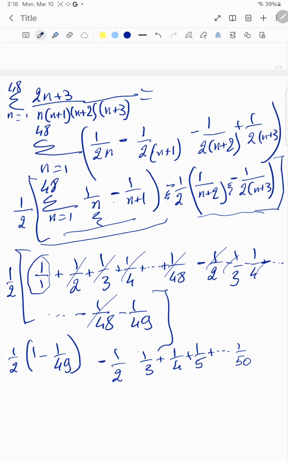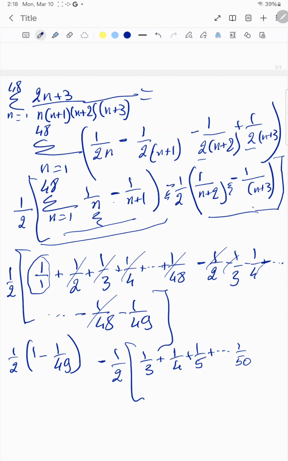Actually, I should keep this parenthesis. So here, when I take out my 1/2, I would have 1 over 3, yeah? Because I took the 1 over 2 outside, I have to delete it here too. I wrote 2 here by mistake.